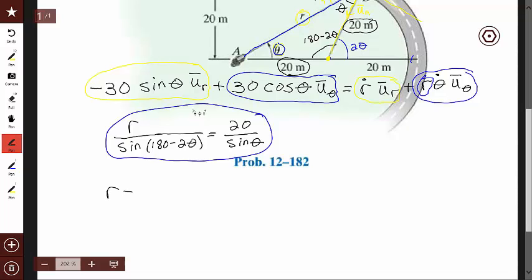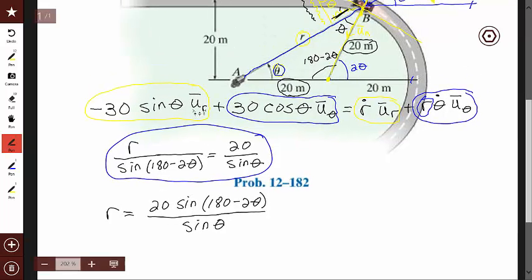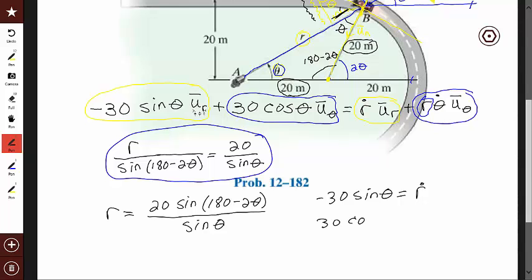We have R equals 20 sine of 180 minus 2 theta over sine theta. Probably should use a calculator instead of writing all this out, but okay, so there's my R. And then the other equations are minus 30 sine theta equals R dot and 30 cosine theta equals R theta dot.